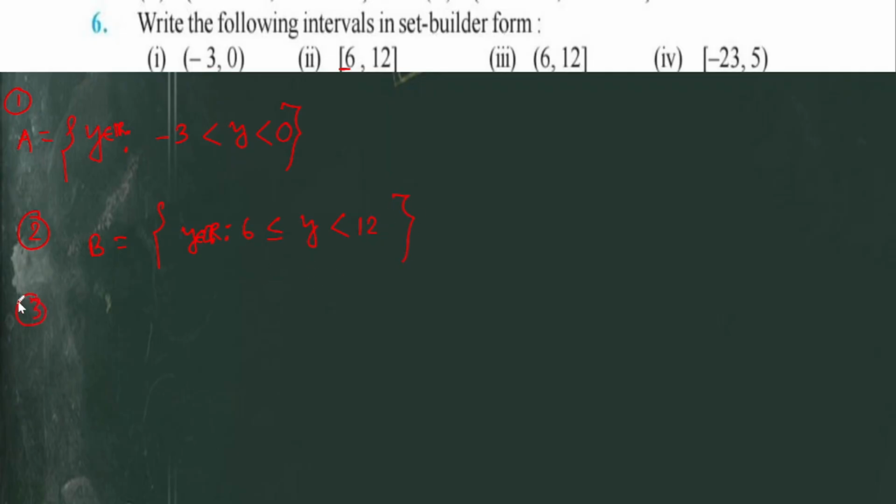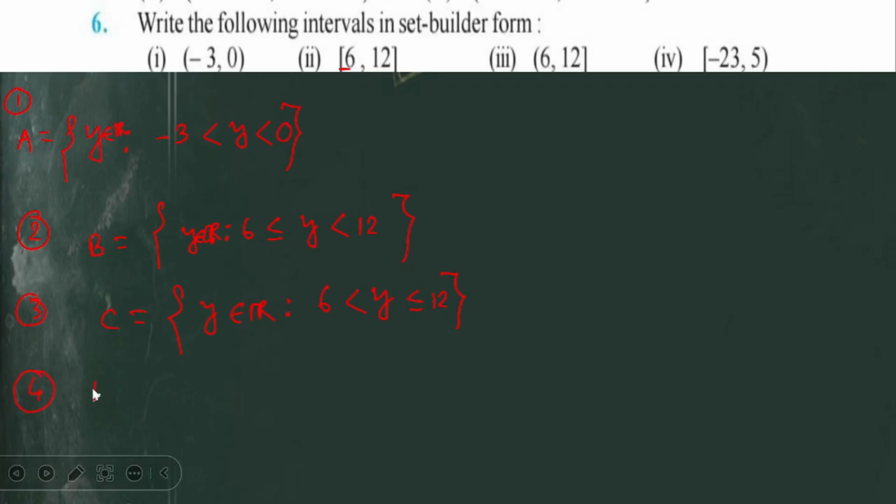Next, 3. Suppose C is another set. y belongs to the real number set such that 6 less than y and less than or equal to 12. Here 6 is open, that's why we write only the less than sign, not the equal to sign, meaning it is not included, and less than or equal to 12.